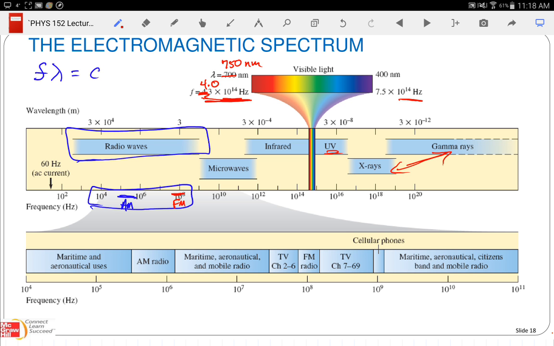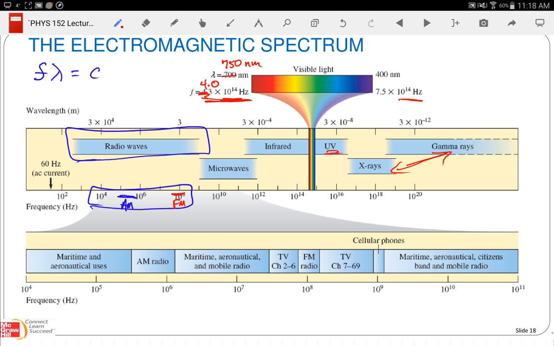So let's say you have a copper atom, and you have an electron that falls from n equals 4 to n equals 1. That creates an X-ray. In a hydrogen atom, if an electron falls from 4 to 1, we won't consider it an X-ray because the nucleus just doesn't have enough charge to make that much energy. But that's where X-rays come from.